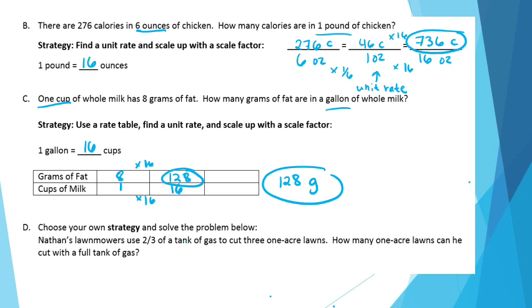So Nathan can use 2/3 of a tank of gas to cut 3 lawns. I'm going to use the letters T and L for tanks and lawns. So if he has a full tank of gas, so 1 whole tank, I could also say 3/3 of a tank, I want to know how many lawns he can mow. So I'm going to find this scale factor.